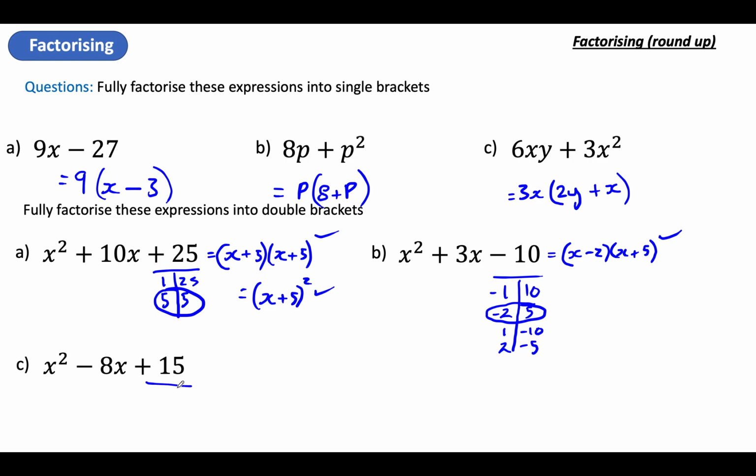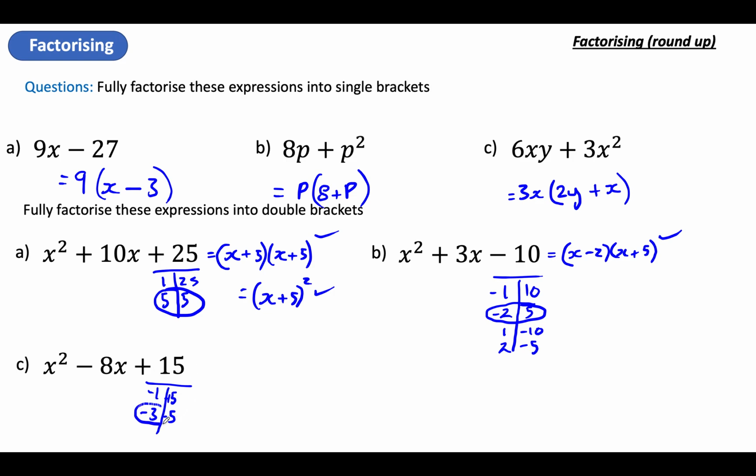Last one, 15. Okay, factor pairs for 15. Well, 1 times 15 makes 15, 3 times 5 makes 15, and that's it. Now the problem is, I need to make -8 when I add these two together, but none of these are negative, so that can't work. Both of the numbers must be negative, because when you times a negative by a negative, you get a positive.